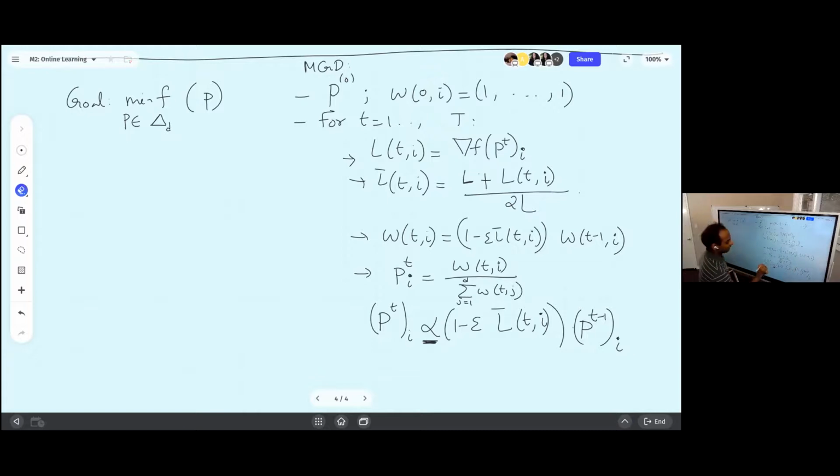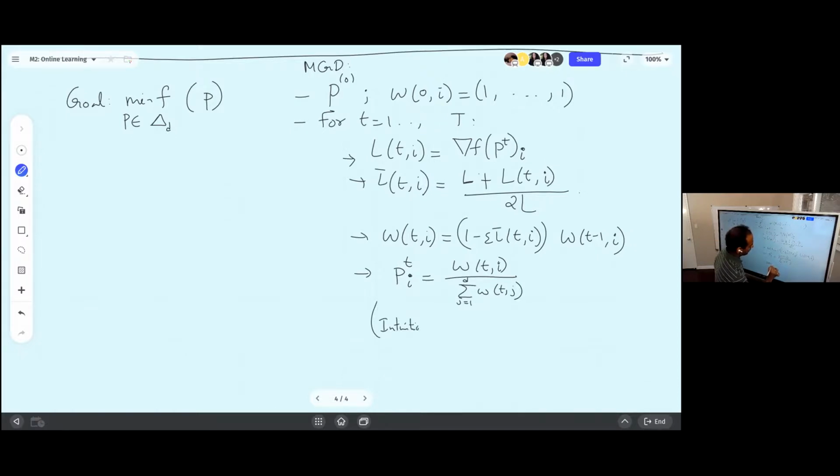And the main thing you should keep in mind is that at the end of the day, what the algorithm is really doing is a gradient update, but in a multiplicative fashion. So p_t(i) is roughly 1 minus something times the gradient of f at p_{t-1}, i-th coordinate, times p_{t-1}.